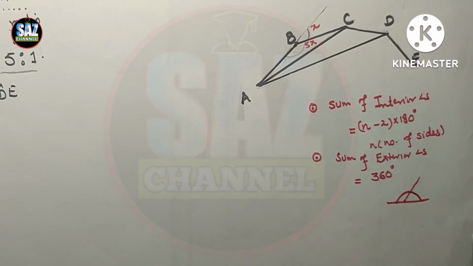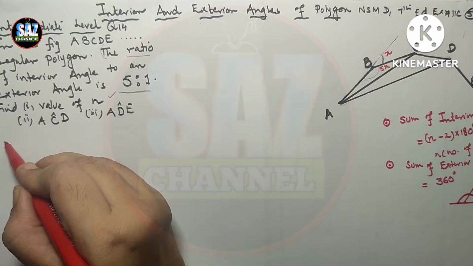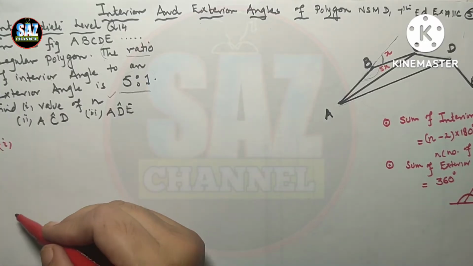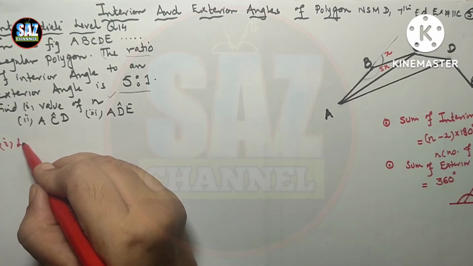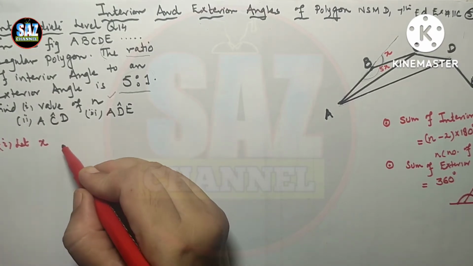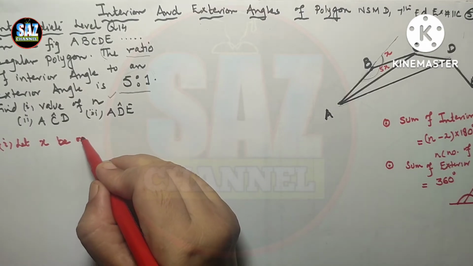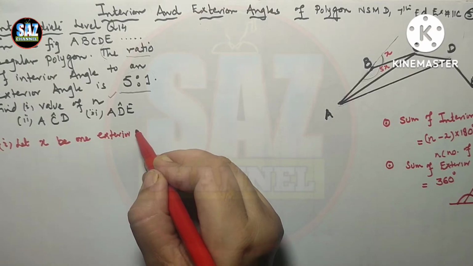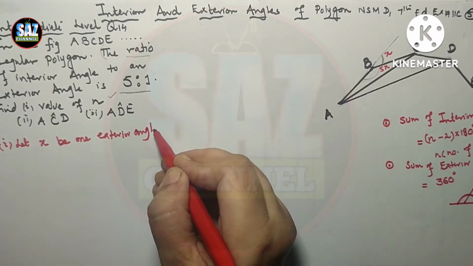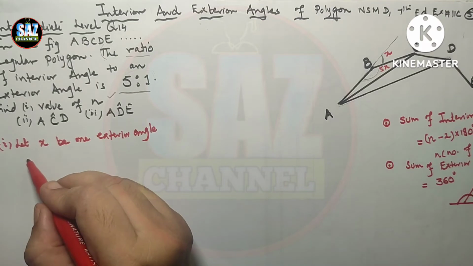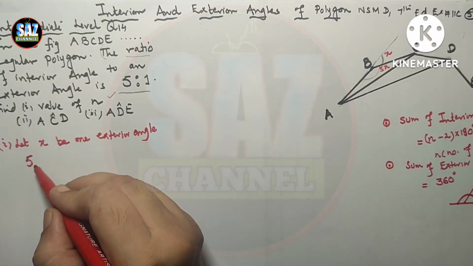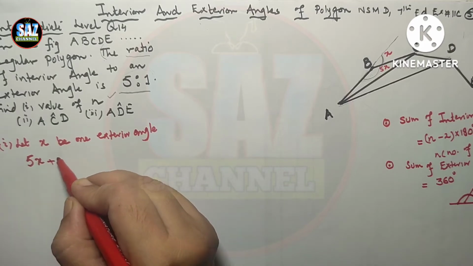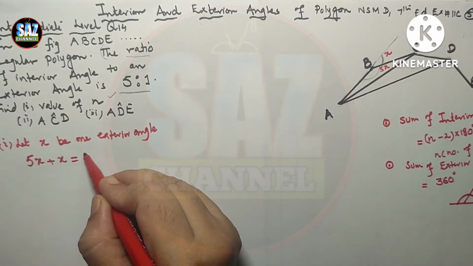So the prior knowledge has to be really clear. First we are going to find the size of one interior angle and one exterior angle. Let x be one exterior angle. Then according to the ratio given, interior plus exterior equals 180 degrees.